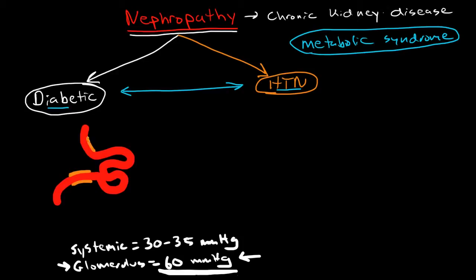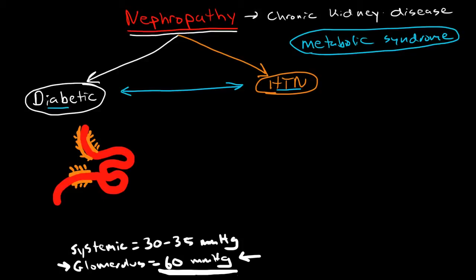And this mechanism primarily is the fact that there are arterioles on both sides with smooth muscle cells, right? So we can vasoconstrict or vasodilate the arterioles coming into the glomerulus or the arteriole coming out of the glomerulus.